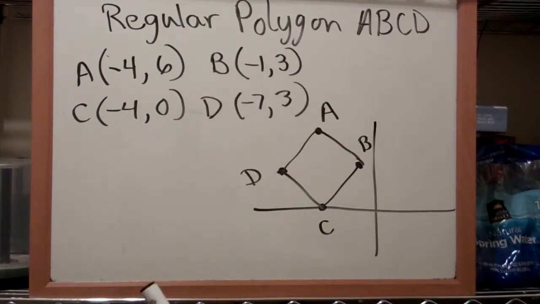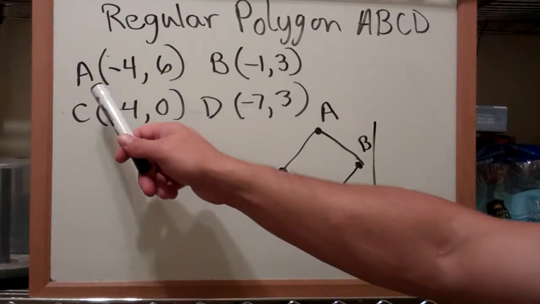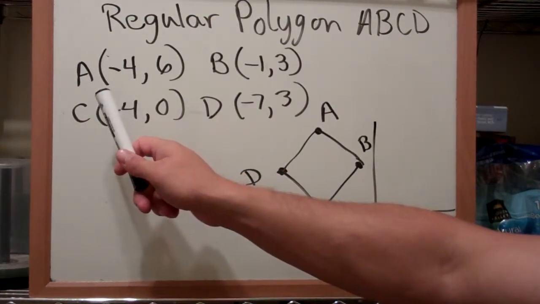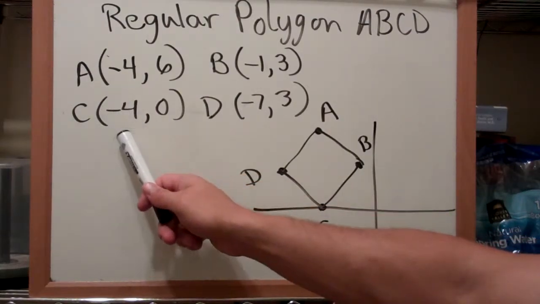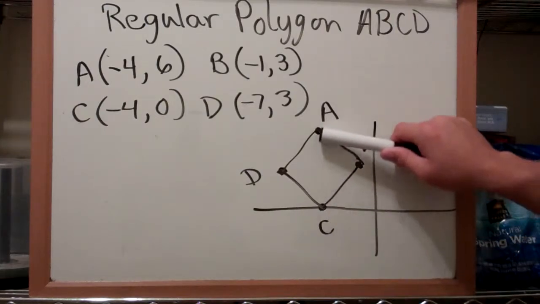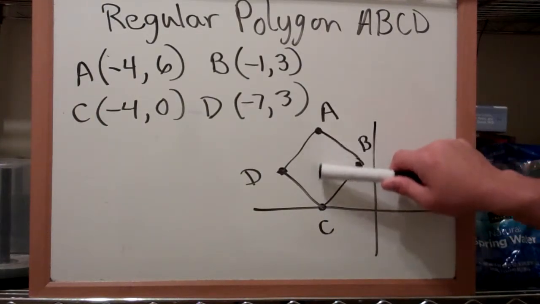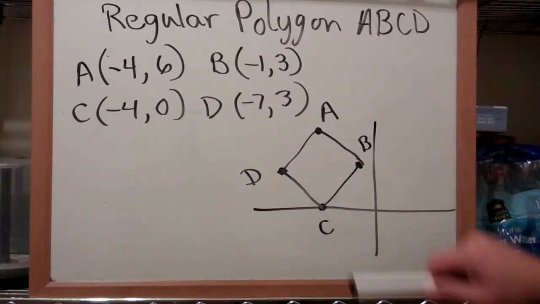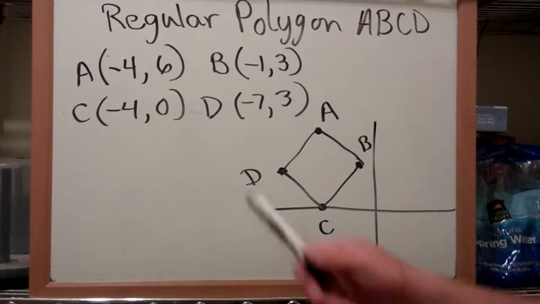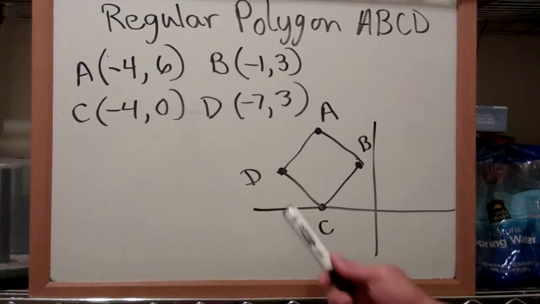For example, we wouldn't say we need to find the length between A and C, because A and C don't constitute the length of a side of the square. They actually constitute a diagonal of the square. We also wouldn't want to take the length between D and B, again for the same reason.